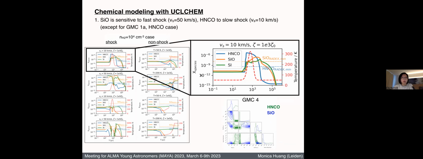Basically, in each subplot, we put the chemical fractional abundances for each species, where we plotted HNCO in blue, SiO in orange, and additionally, we also plot the atomic silicon in green.